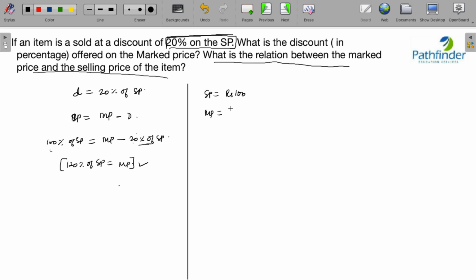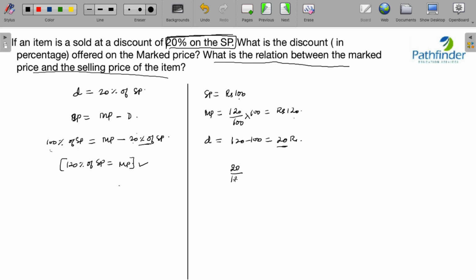Therefore, the marked price will be 120% of selling price. So 120 by 100 into 100, that is rupees 120. So discount is marked price minus selling price. So 120 minus 100 gives you 20 rupees.